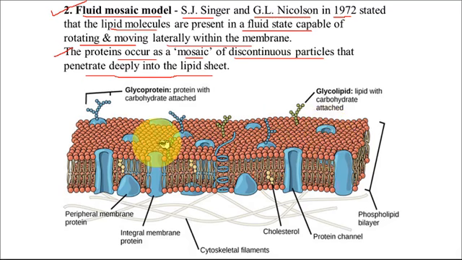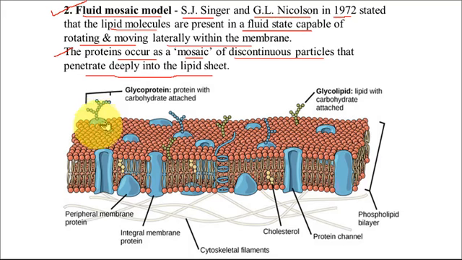Just like these iceberg-like structures floating on a seabed, the floating structures are the globular proteins embedded in the sea of the phospholipid bilayer. The pattern was just like a mosaic, hence this was known as the fluid mosaic model. The fluid is the phospholipid bilayer, and the mosaic is the globular proteins.